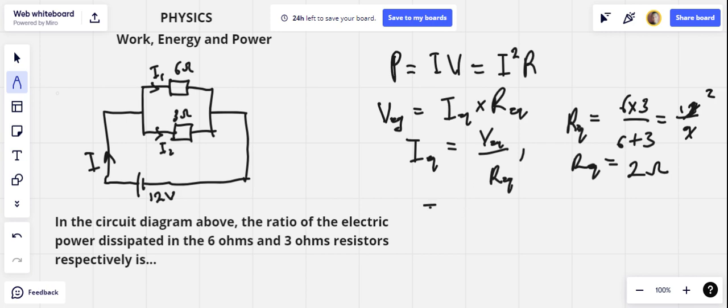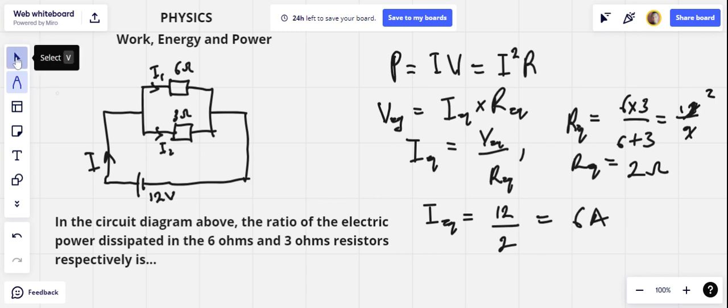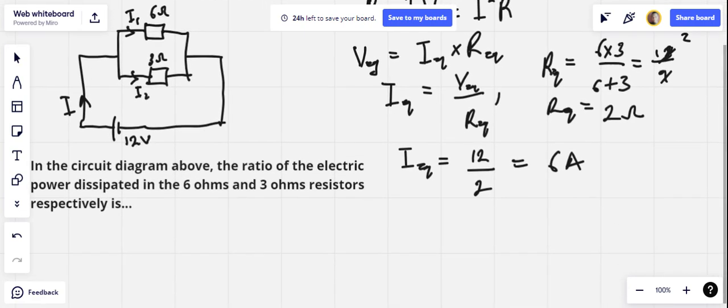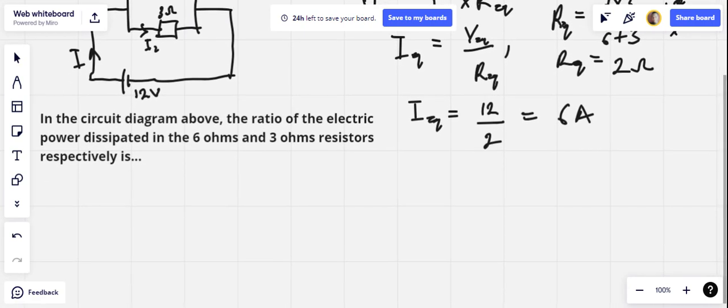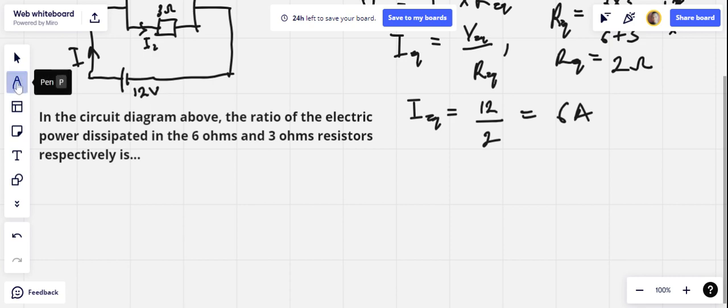So therefore our total current, or equivalent current, is the total voltage from the cell there, 12, divided by equivalent resistance 2. Total current becomes 6 amps. So now we have gotten our current.